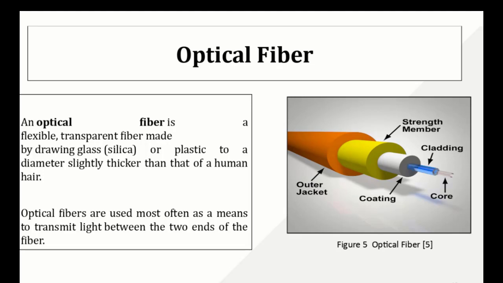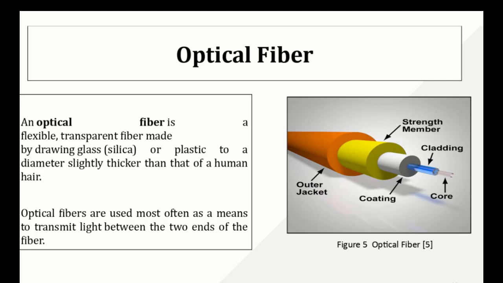We can classify optical fiber into two types in terms of material, because we can use glass material, and we can also use plastic material for the transmission of light.